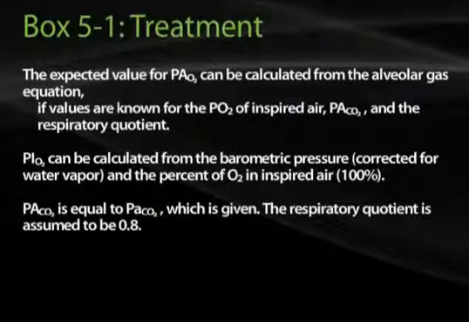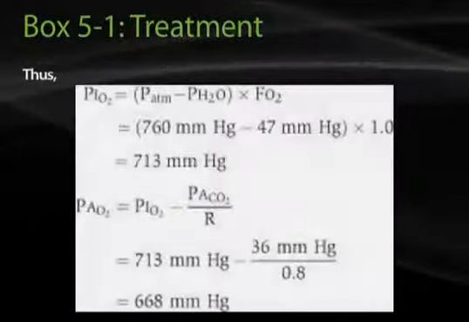We need the O2 of inspired air, which we know from the barometric pressure as well as the percent O2 in inspired air. In this case, he was breathing 100%. We use the arterial CO2 as a reference, remembering that alveolar CO2 equals arterial CO2. The respiratory quotient for all intents and purposes we're going to assume is 0.8. We use this for all clinical examples.